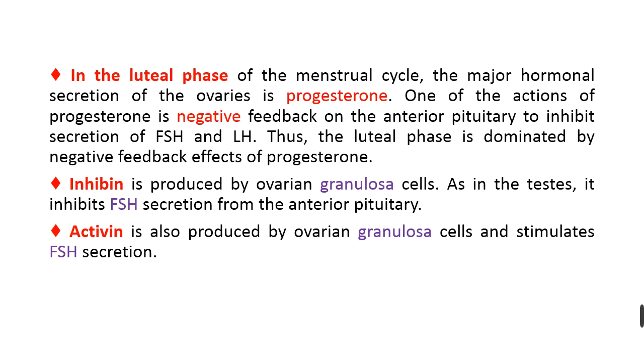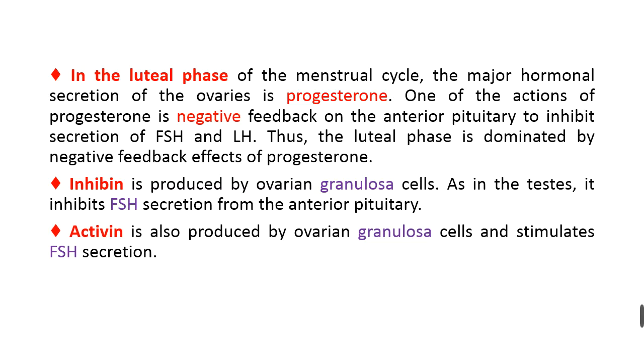One of the actions of progesterone is the negative feedback on the anterior pituitary to inhibit secretion of FSH and LH. The luteal phase is dominated by the negative feedback effect of progesterone, as we saw in the last figure.